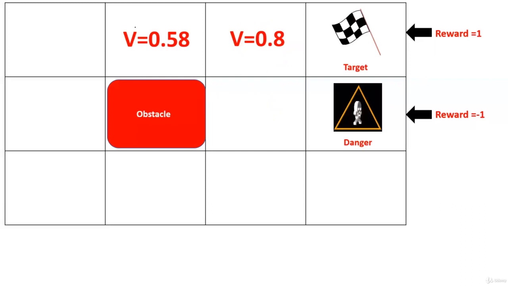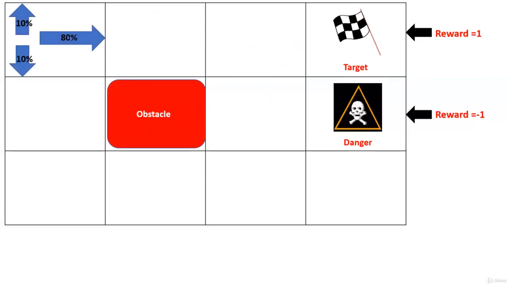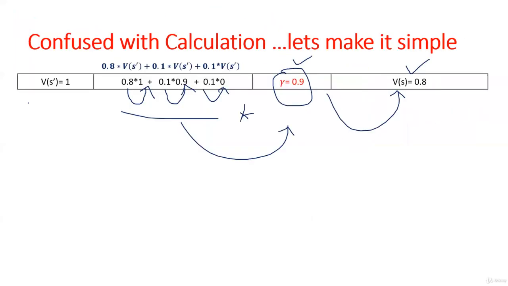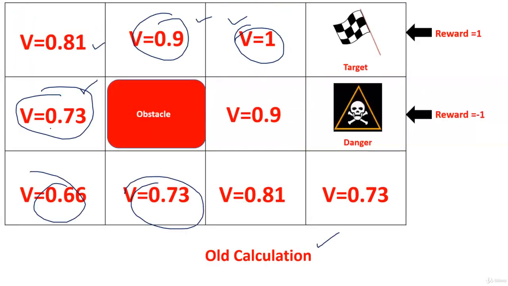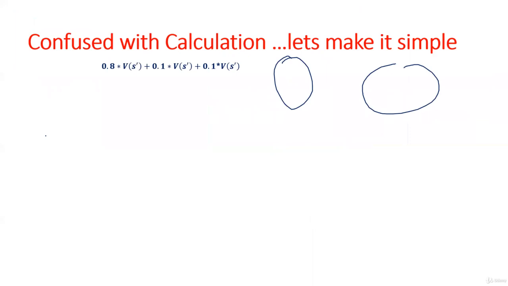So 0.58. Now this block. This calculation is 0.58 multiplied by 0.8. Just remember this value, this value was 0.73.